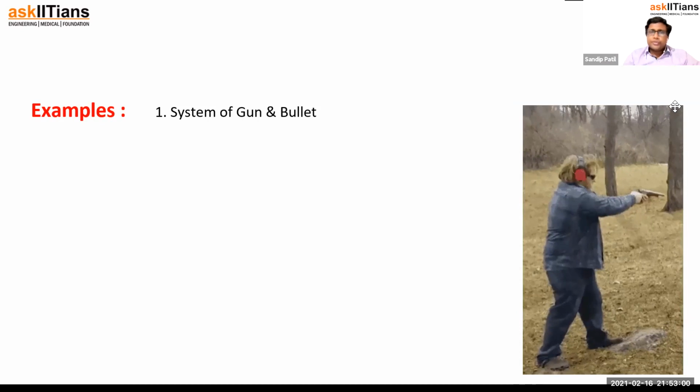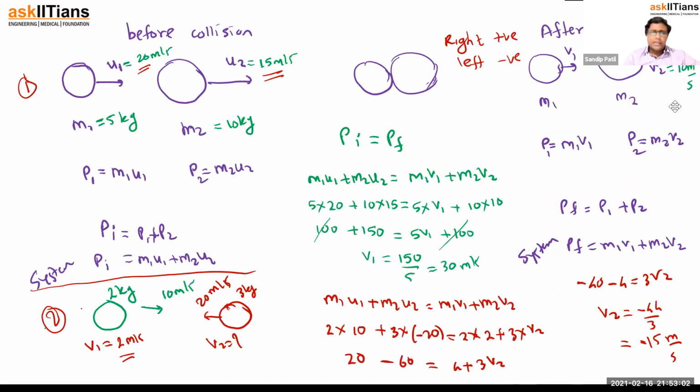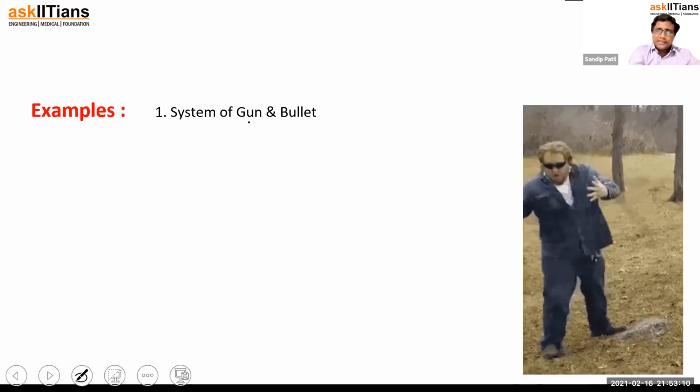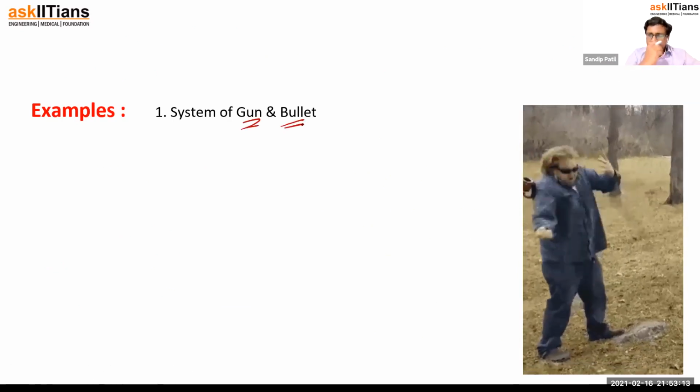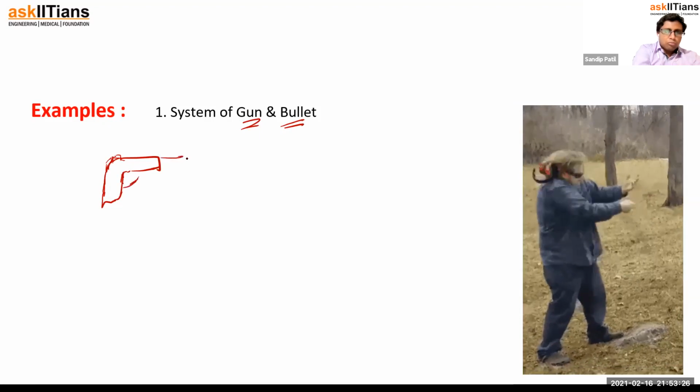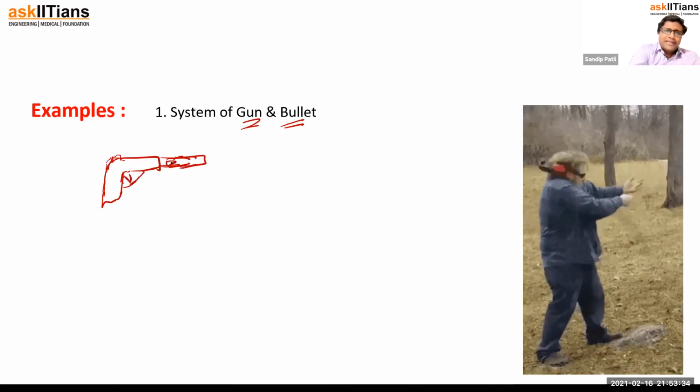Very simple. We can also use our original relation here: m1 u1 plus m2 u2 is equal to m1 v1 plus m2 v2. So two objects are there, the gun and the bullet. So this is the gun, and the bullet will be somewhere inside.